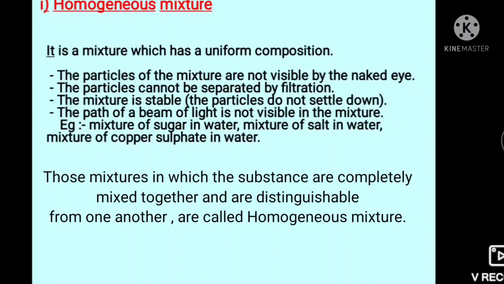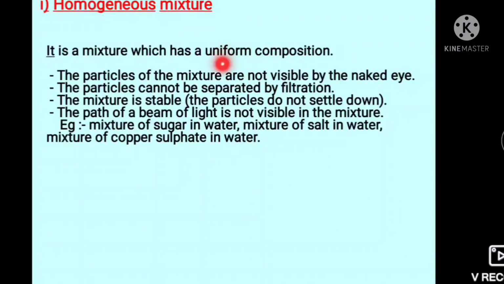Homogeneous mixture is a mixture in which the substances are completely mixed together and are indistinguishable from one another. A homogeneous mixture has uniform composition.